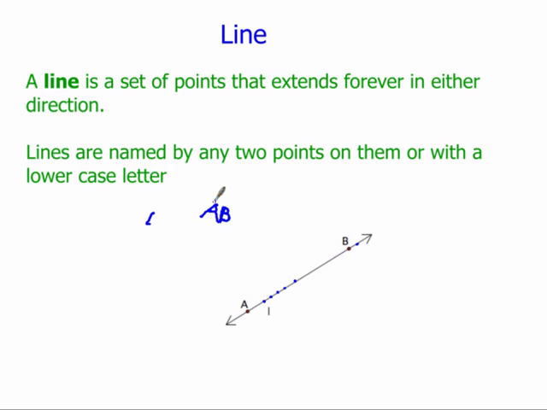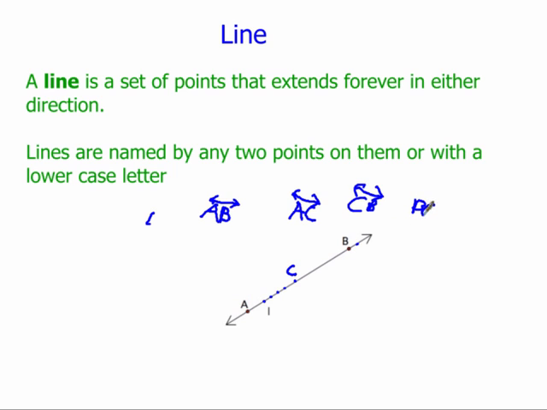To make sure I know that it's a line, I draw a line on top and put arrows on either end. That tells me that this is line AB. I could also name this point C, and call this line AC, or line CB, or line BC going the other direction.